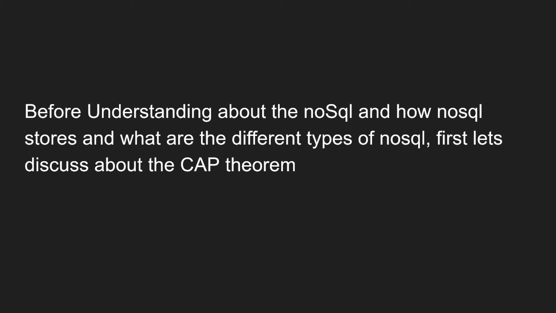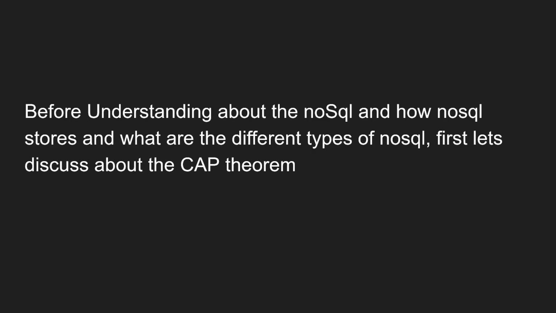Before understanding about the NoSQL, how NoSQL stores data and what are the different types of NoSQL, first we should discuss the CAP theorem. We have seen the different types of NoSQL, document based, key value pairs and so on. Before knowing how the NoSQL stores the data, first we should discuss the CAP theorem.